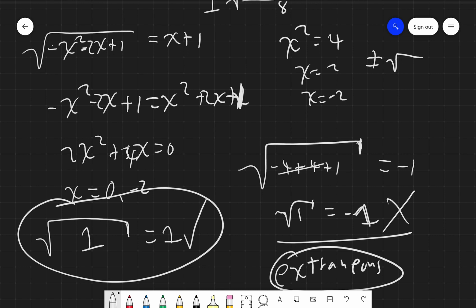And remember, the principal square root is just the positive one. When we have this, we just mean positive.